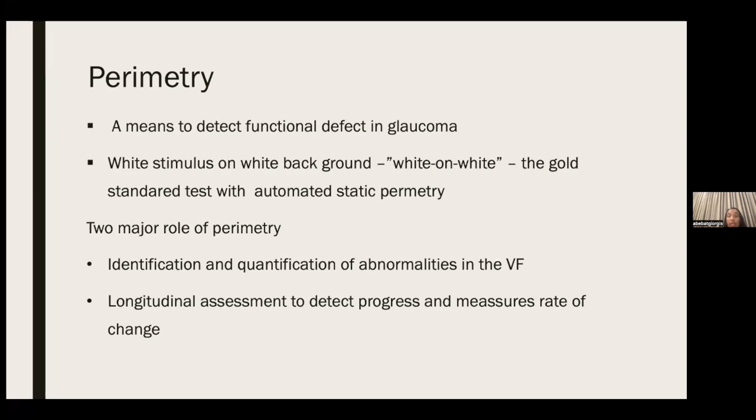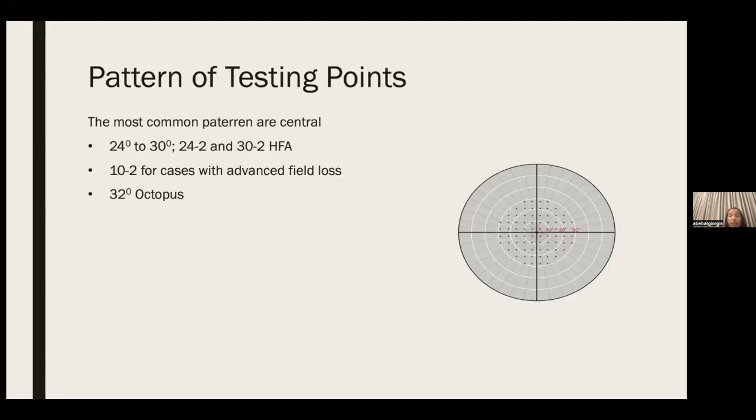and measure rates of change. The pattern of testing points in the visual field, the most common pattern are the central 24° to 30°, which usually are represented as 24-2 and 30-2 in Humphrey visual field automated perimetry or analyzer, and 10-2 for cases with advanced field loss.